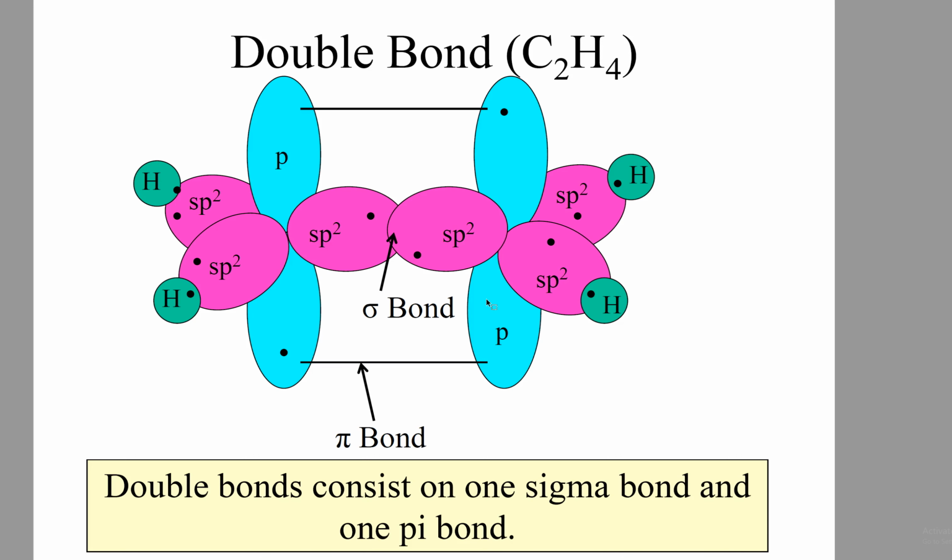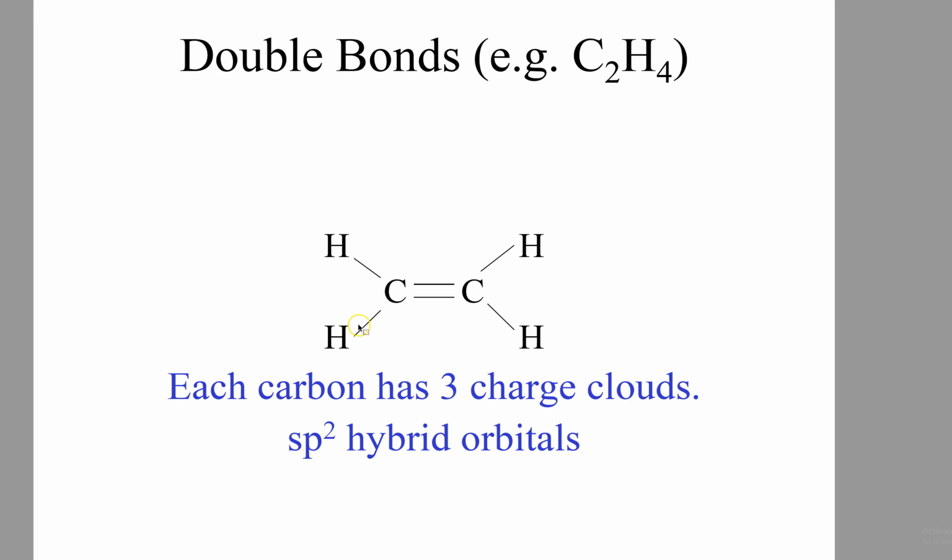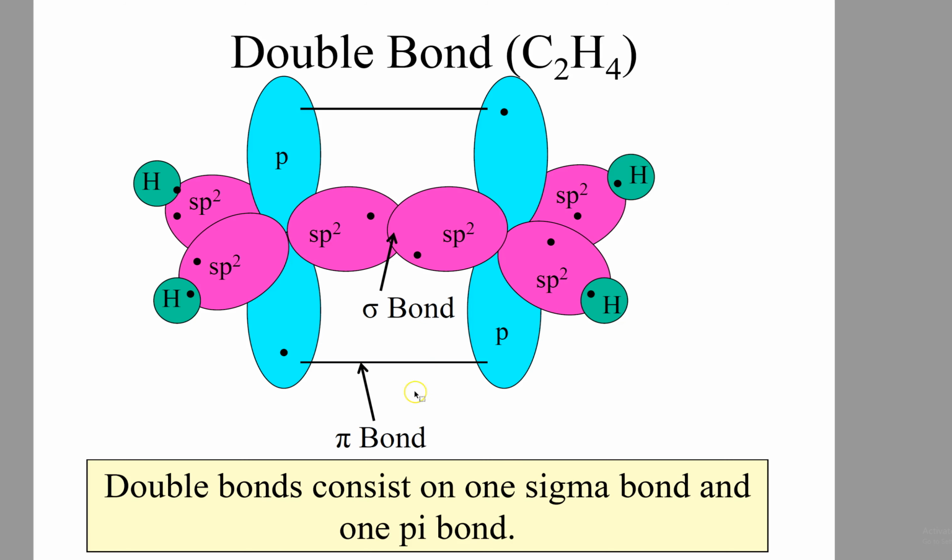Now, if I actually wanted to draw the sp2 hybrids, how would they look? Generally speaking, we talk about them in terms of sigma bonds and a pi bond. The double bond consists of one sigma and one pi bond. In this example, you're going to have an sp2 in this specific configuration.